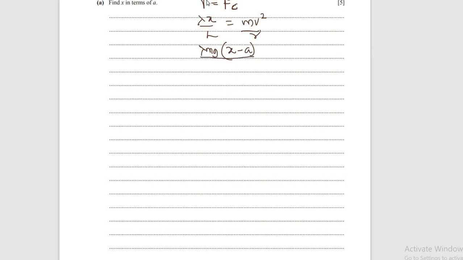The original length is A, equal to mv squared over the radius, which is A. So from this place, let's make v squared the subject. When you cross multiply, m cancels. We have lambda ag, x minus a equal to v squared a.